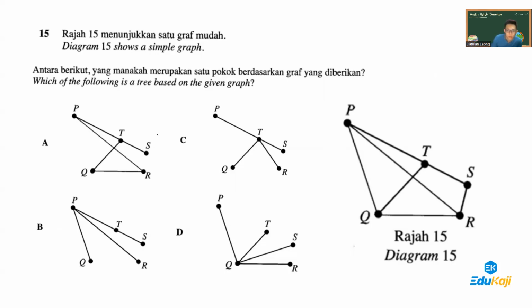So this A is definitely wrong because it connects the P, T, Q, R, forms a loop.